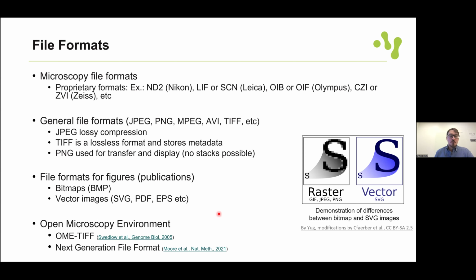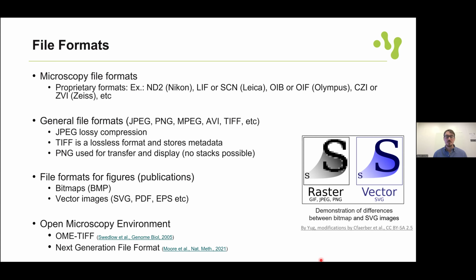And we have the Open Microscopy Environment. So you've seen yesterday people from OME, and you can have OME-TIFFs, for example. So they have a strict way of how metadata should be saved. And there's also what's called next generation file format, which is often called Zarr, or OME-Zarr. In this case, you're also saving them in a different way, so that if you have a huge image, it's easy to find the pieces you need on disk in order to show it on your computer.